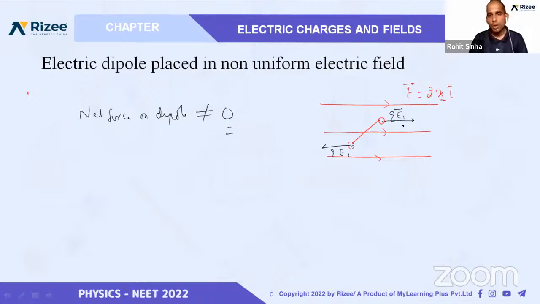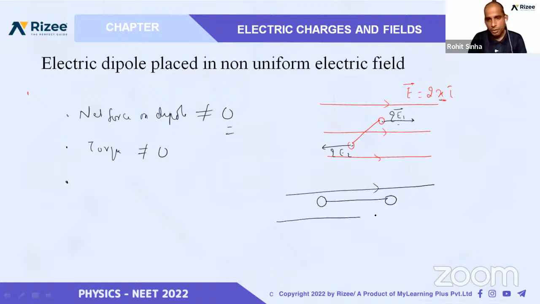Second, torque is also not equal to zero, but there is one case: if the dipole becomes parallel to the electric field, whether it is uniform or non-uniform.